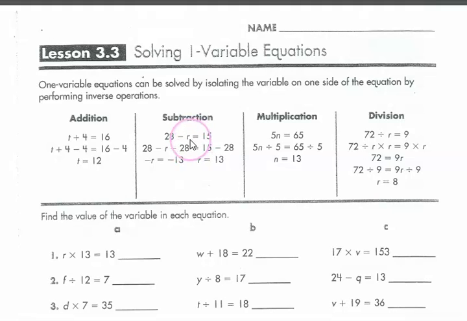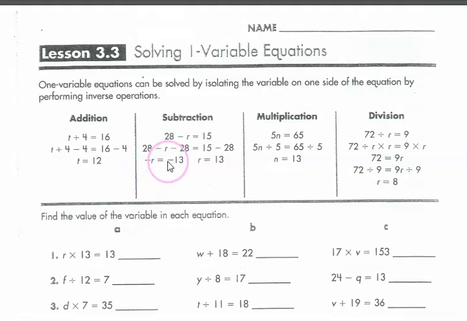So I guess what they're doing, they're first taking out the 28. So they're subtracting 28 first from both sides, as you can see. So 28 minus r minus 28, so the two 28's cancel, and 15 minus 28 is negative 13. So you end up with negative r equals negative 13.